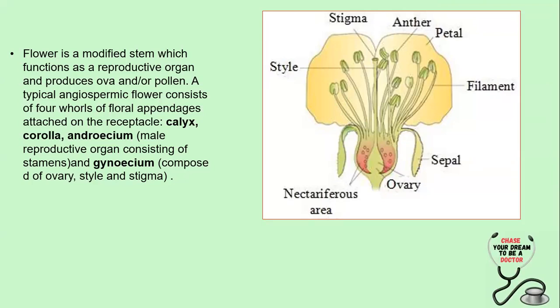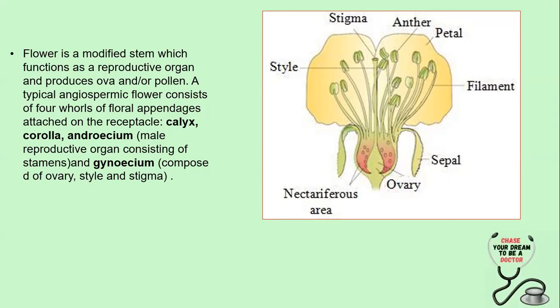Yes, everyone. In this chapter, we are first going to discuss what a flower is and how a flower helps in the process of sexual reproduction. As we all know, in human beings there is a separate male reproductive system and a separate female reproductive system.